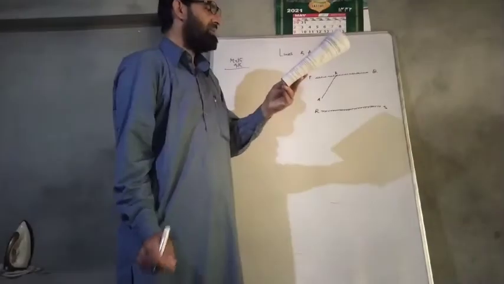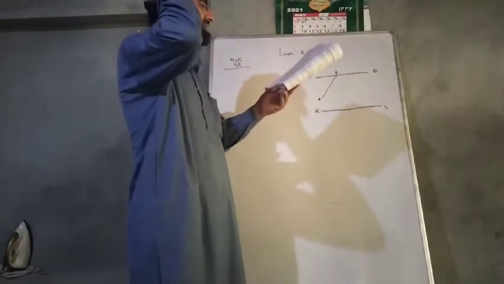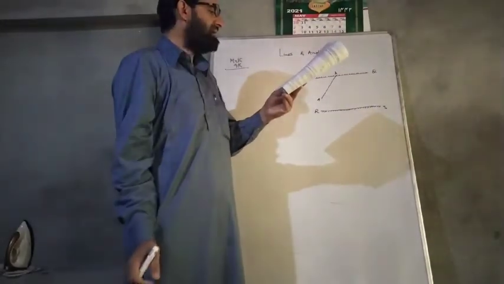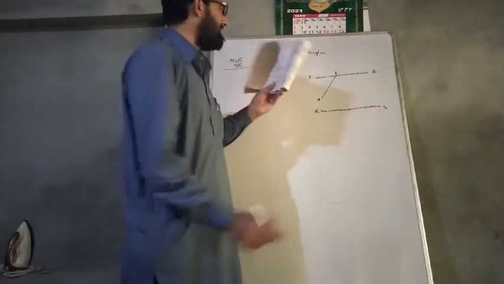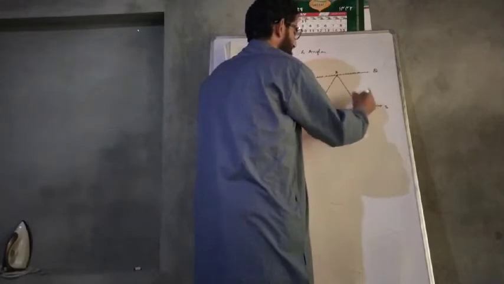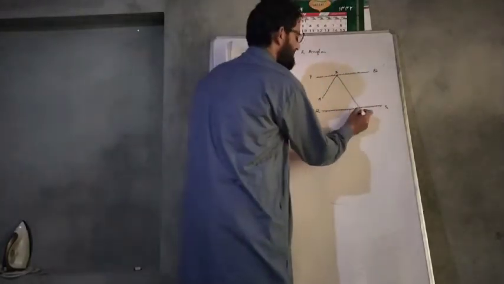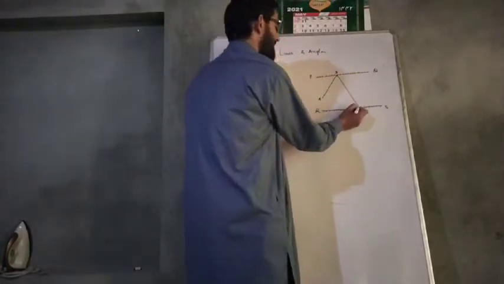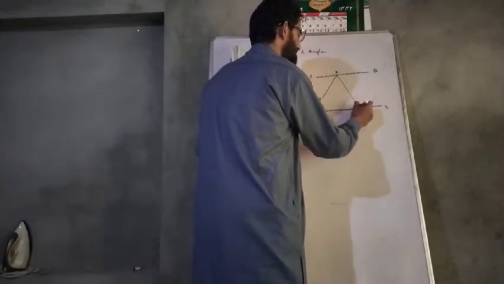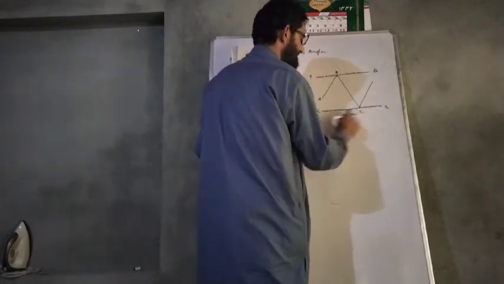Mirror PQ at B, the reflected ray moves along the path BC. Now it has got reflected like this, this is BC, and here it gets reflected once more. So BC is the incident ray for this RS.